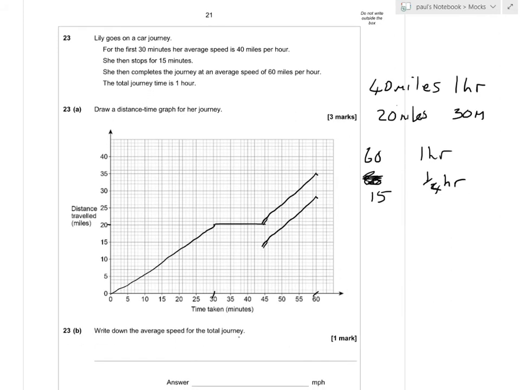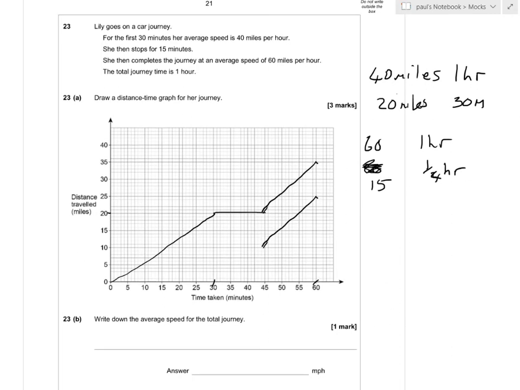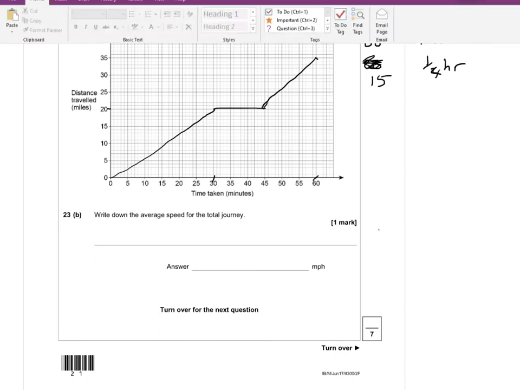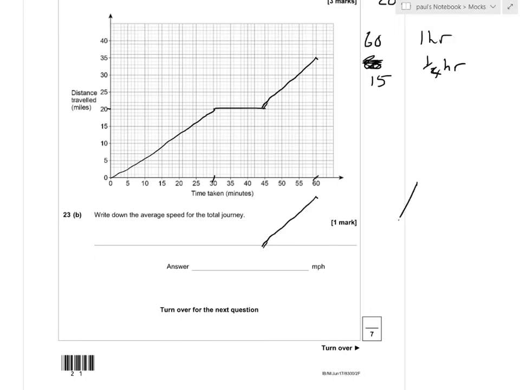Now what we're doing, write down the average speed. So total distance, so we've got this, speed, distance, time. Speed is the distance divided by the time.